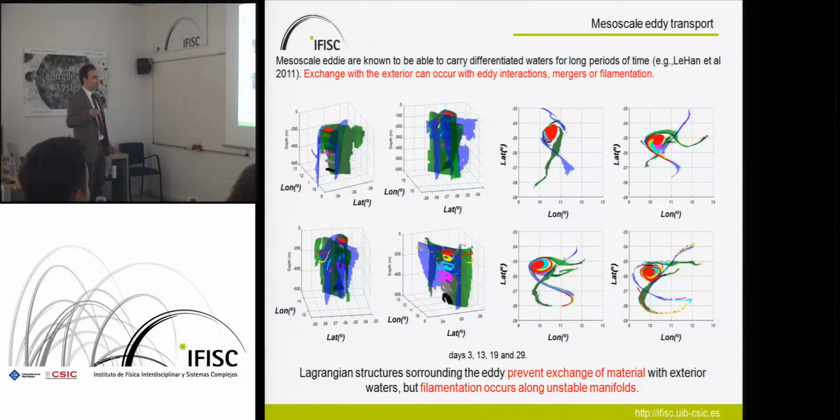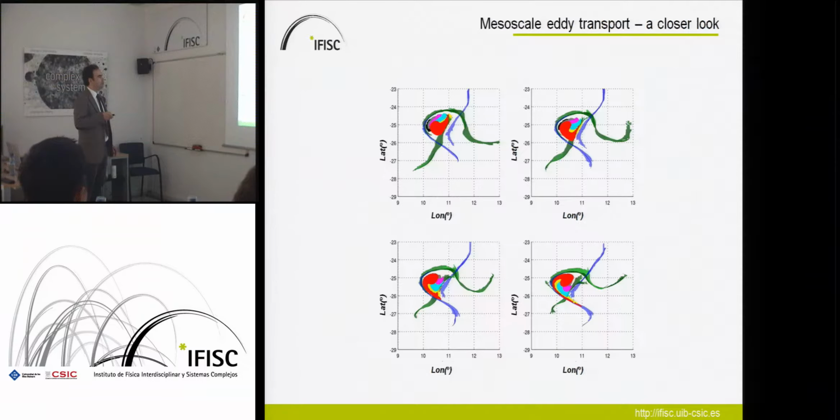Actually, the first time I saw this, I was preoccupied because it seemed that the particles were crossing this Lagrangian structure, and that was really bad if it was true, because these are supposed to be material surfaces, so we can't have particles crossing them. But we took a closer look at what was happening, and then we found that they were not crossing the structure, but instead at a particular moment there was an opening here.